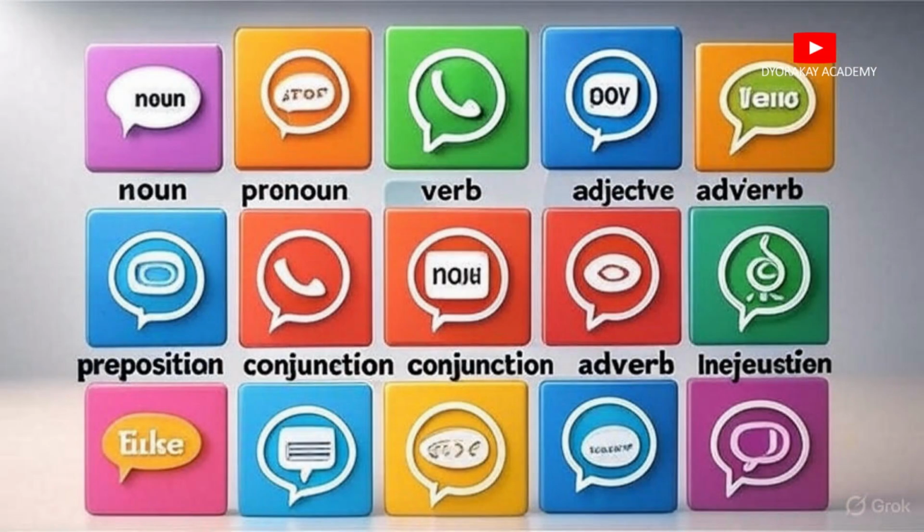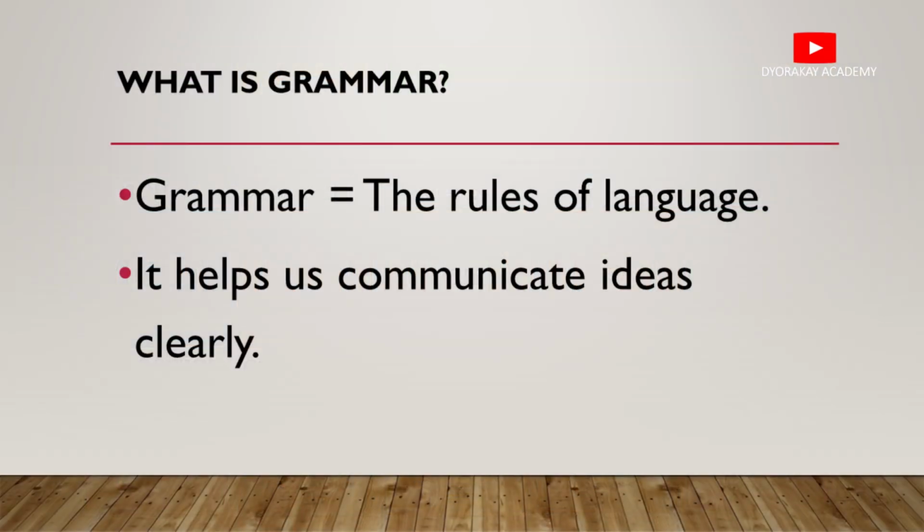Without grammar, communication would be confusing. By the end of this lesson, you will understand the essential parts of grammar, how sentences are formed, the uses of tenses, and how to avoid some common mistakes that learners often make.